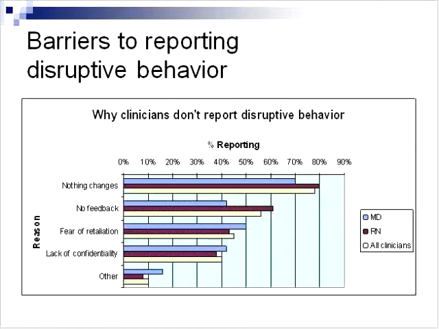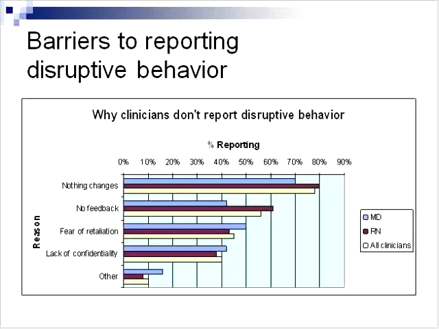So why don't people report disruptive behavior? Certainly that is one of the big issues with the whole issue of disruptive behavior, is that many times the management staff or administration isn't even aware that disruptive behavior is occurring. So this is a poll that was done of physicians, nurses, and all other clinicians, which included respiratory therapists.